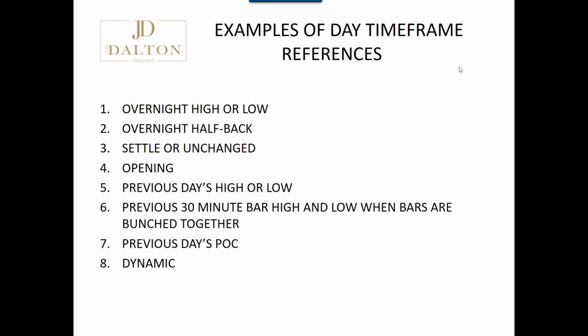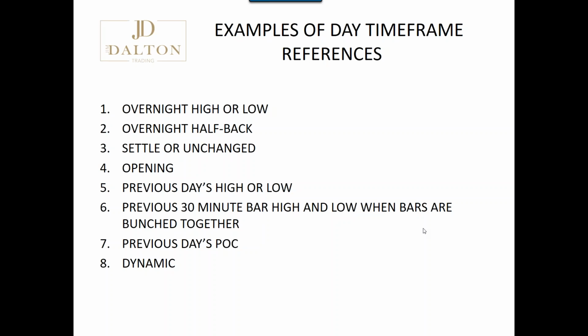It's very important that, number one, you understand the day time frame references, and secondly, understand what they are saying to you. Typical references are the overnight high and low, the settle or unchanged from yesterday, the opening, the previous day's high or low, and previous 30-minute bar highs and lows when the bars are bunched together throughout the day.